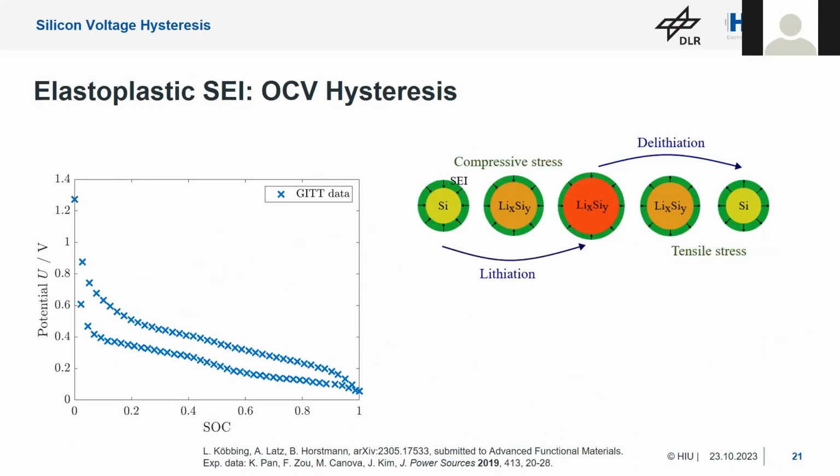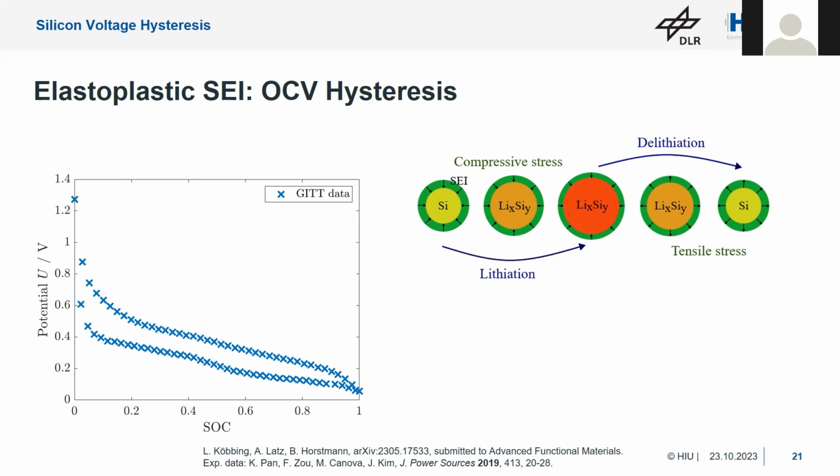And this is certainly something we don't want to have in real batteries. And now we can go one step further and try to understand additional properties of silicon electrodes. For silicon electrodes, it's challenging, particularly if you run them and you want to charge them fast. You see this hysteresis of the OCV, of the potential of the silicon electrode as a function of SOC here.